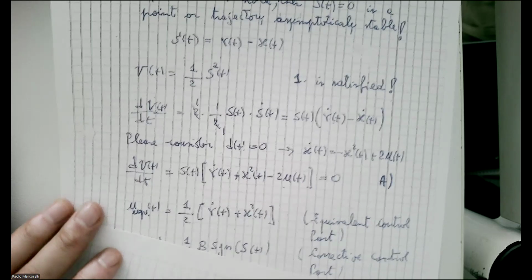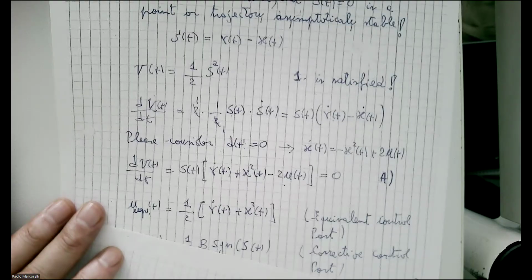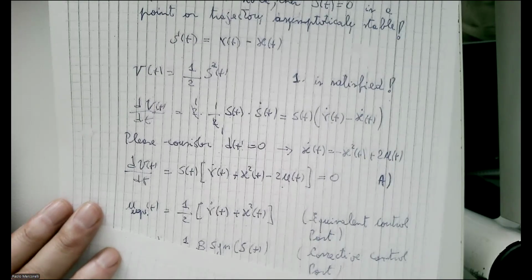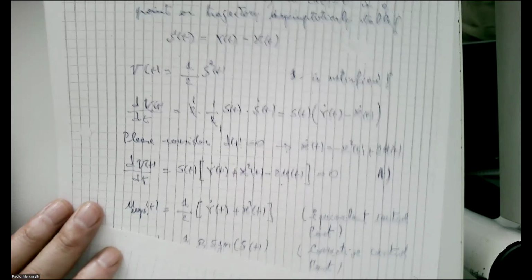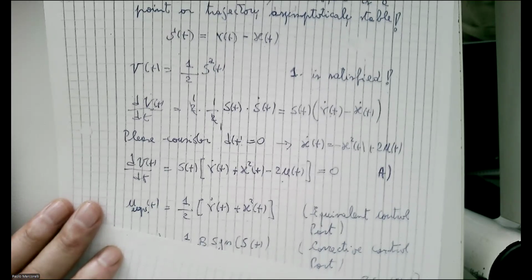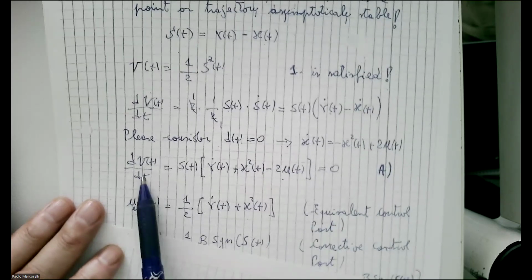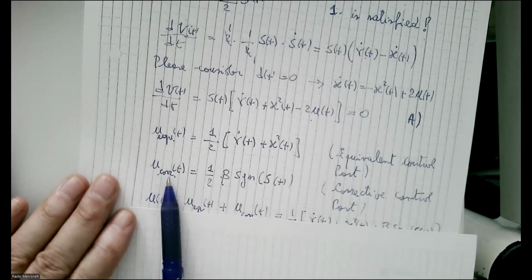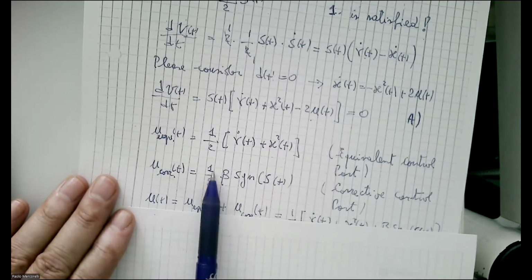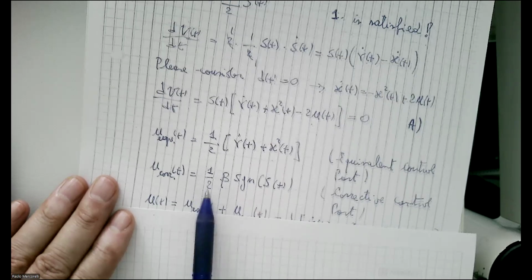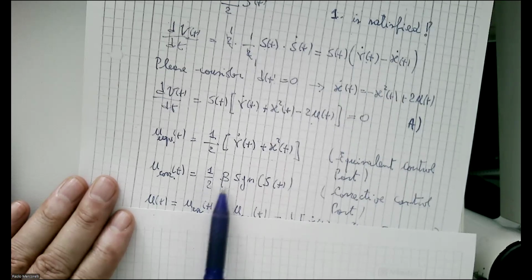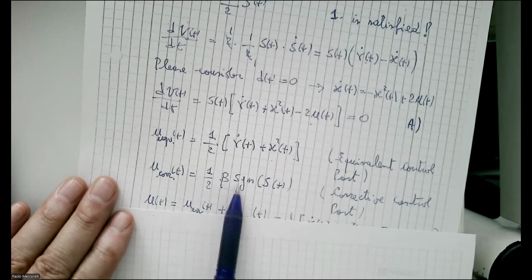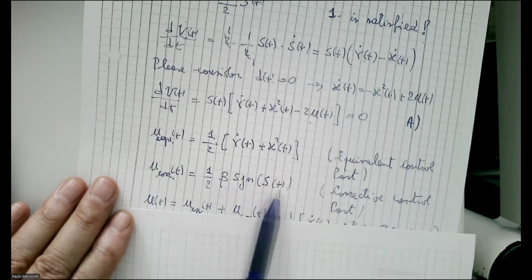Of course, this is not enough to guarantee the stability, because the stability is guaranteed, as a sufficient condition, please remember, if the derivative of v with respect to time is negative. What we can do typically is add a switching part. In some books we call it the corrective part, which in our case can be written in this form: 1 divided by 2, beta with beta positive, times sign of s of t.